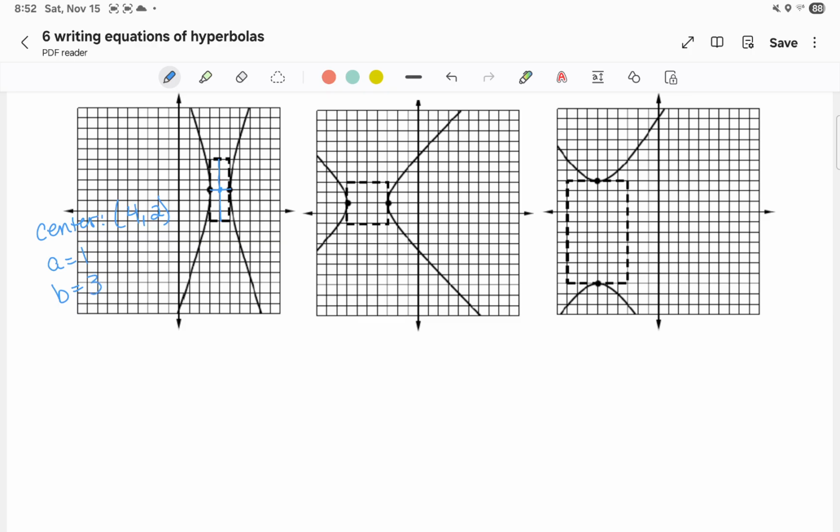So that tells me that my equation is x minus 4 squared minus y minus 2 squared over 9, and that equals 1.